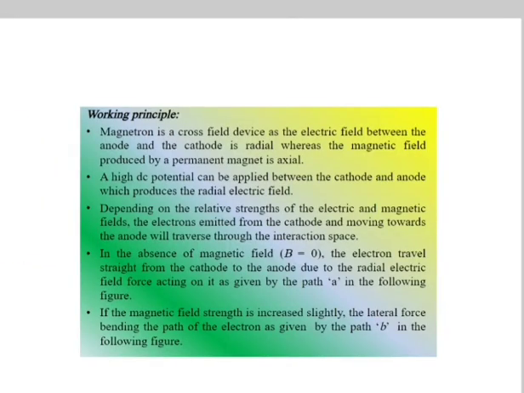Then, the magnetron is a crossed field device, as the electric field between the anode and the cathode is radial, whereas the magnetic field produced by a permanent magnet is axial. A high DC potential can be applied between the cathode and anode, which produces the radial electric field.